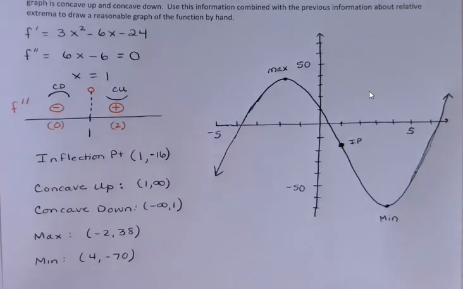Again, we were able to predict something that we've never been able to do before, the location of the maximum and minimum points without using technology, right? Before we could find the vertex of a parabola using our special vertex formulas, but we haven't been able to do a maximum and a minimum point. And now we've been able to do that using calculus. We've also added the information about an inflection point that we don't really talk about usually in other math classes.